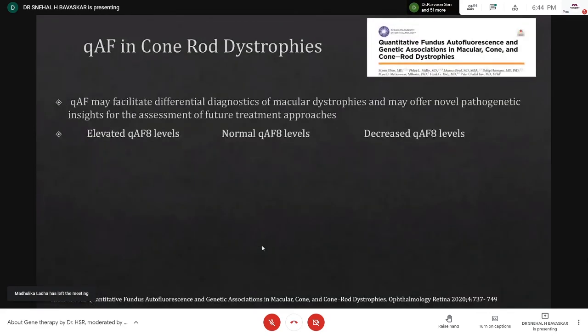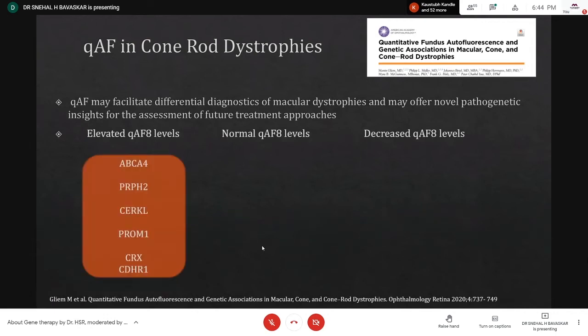This is another study published in the American Academy of Ophthalmology in the year 2020, in which around 230 patients underwent genetic testing, and they studied the quantitative autofluorescence levels. They found that the quantitative autofluorescence 8 levels, which is the mean quantitative autofluorescence I previously described, was elevated in patients having these genetic defects.